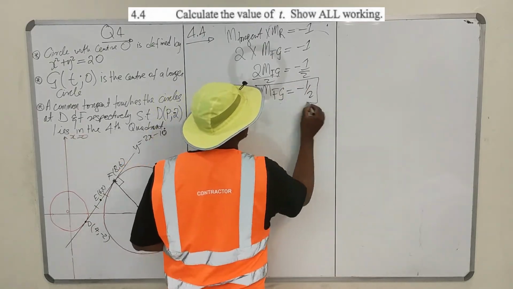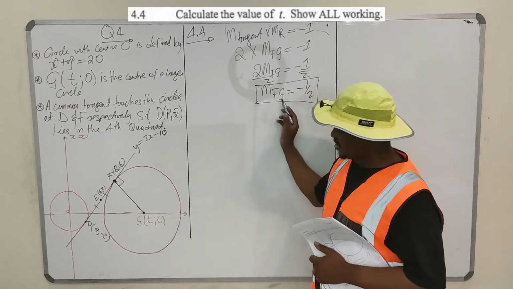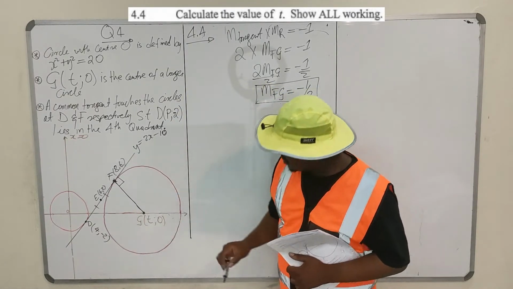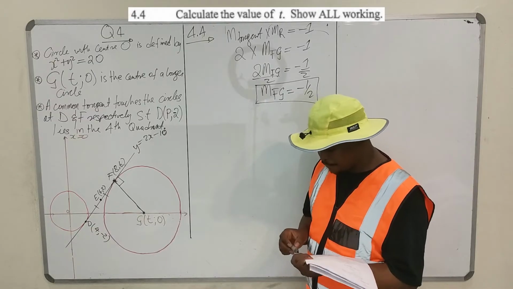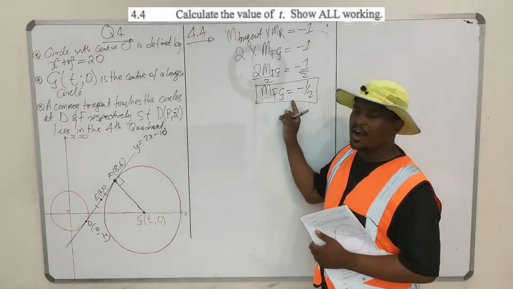So we have the gradient of fg, which is the gradient of this line. How do we get the gradient?